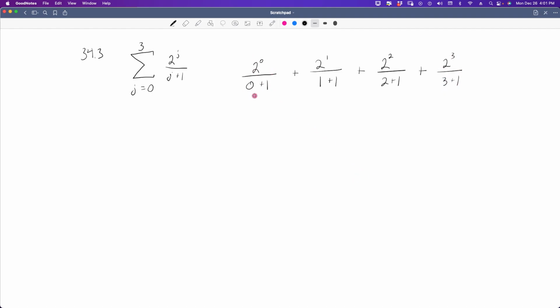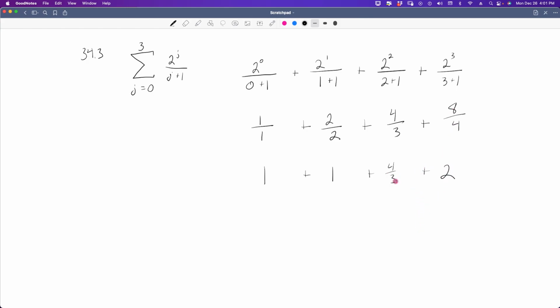So now let's do the mathematics. So this is going to be 1 over 1, which we know is 1, plus 2 over 2, which we know is still 1, plus 4 over 3, which for now we're going to leave as 4 over 3, plus 2 times 2 times 2 is 8 over 4, which we know is 2.